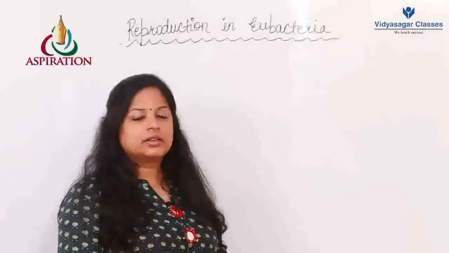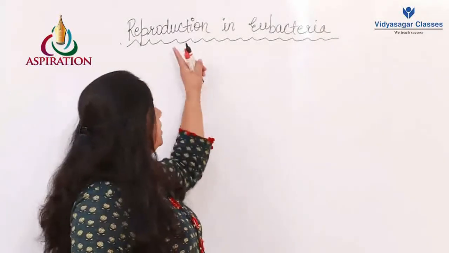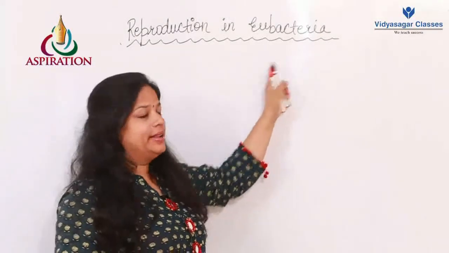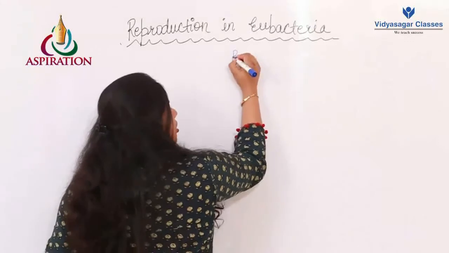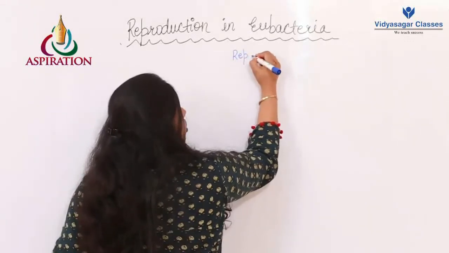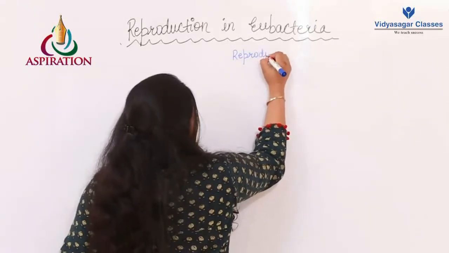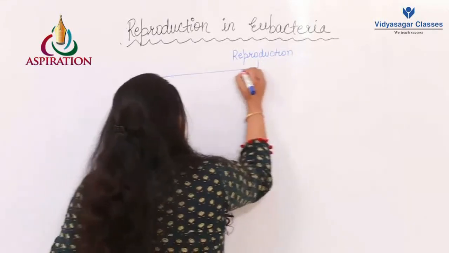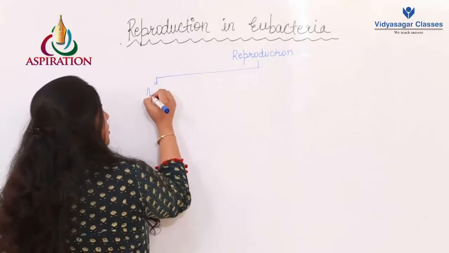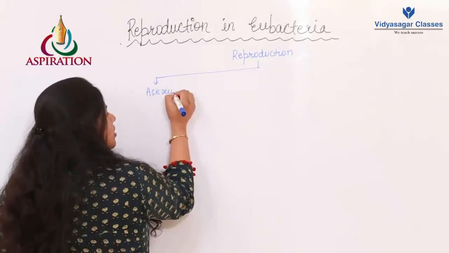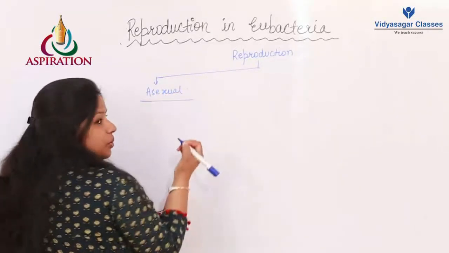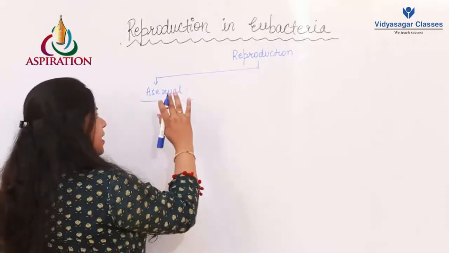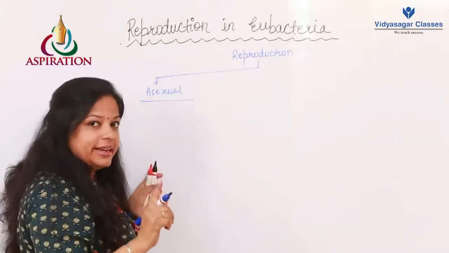Hello students, today we are going to discuss reproduction in eubacteria. In case of eubacteria or true bacteria, the reproduction is mainly asexual, which we know is dependent on a single individual.